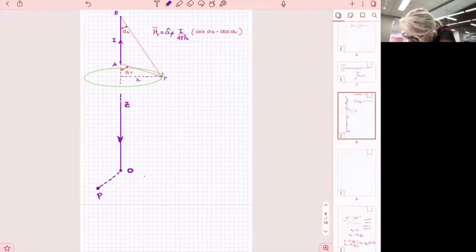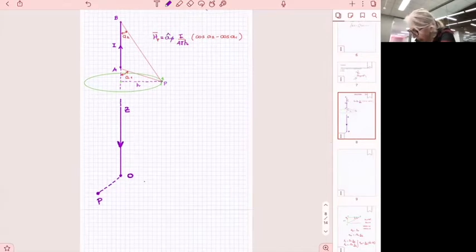Let's look at the one that we have here. There are two ways of doing this, but let's assume that I would like to keep the orientation of the current.